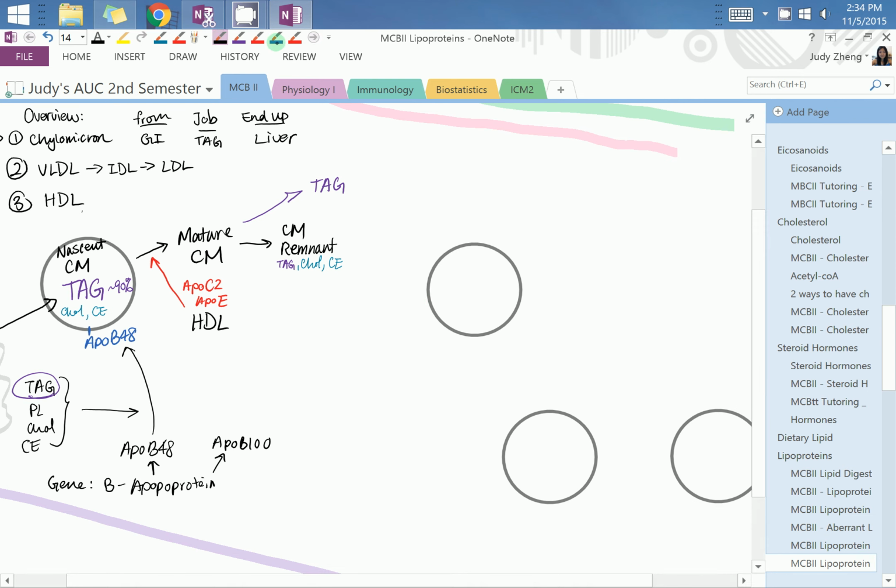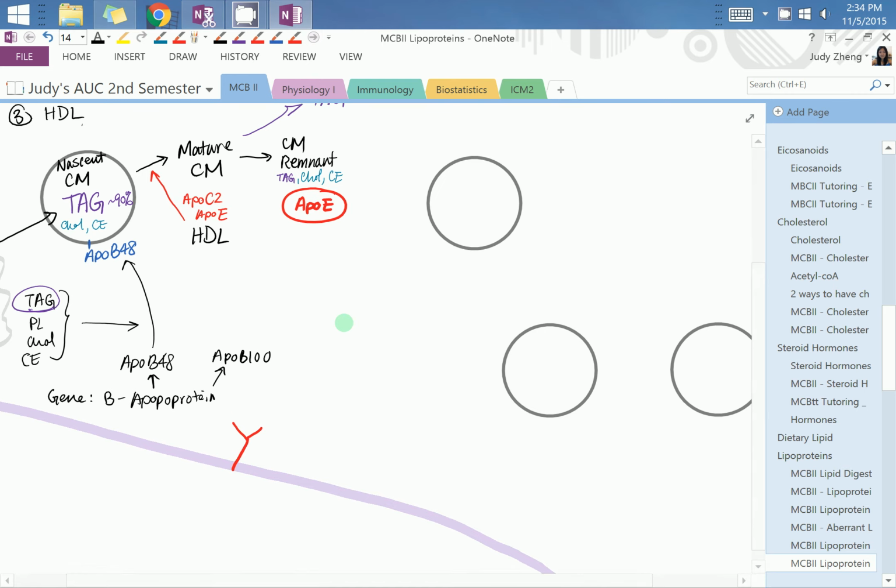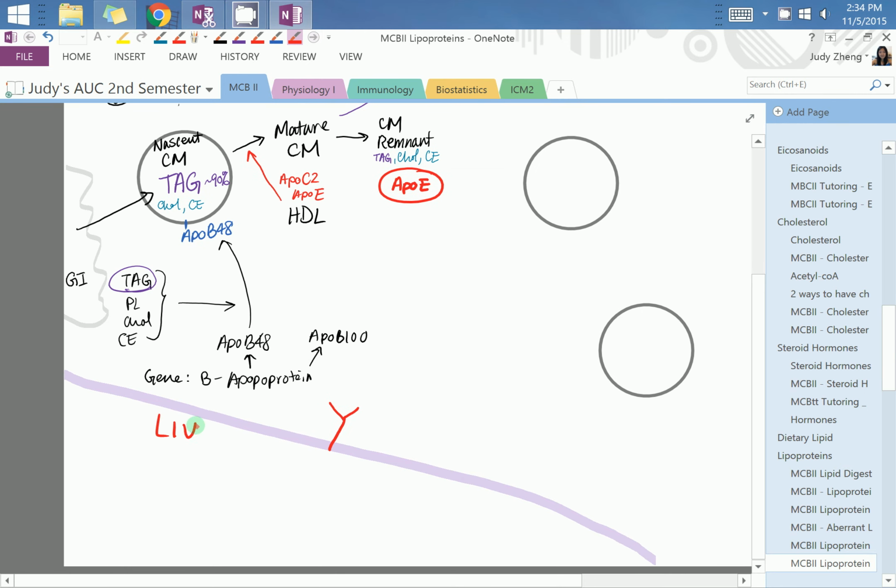And that basically is the lifespan of this chylomicron. At this point, it's going to get taken up by the liver. Recall the chylomicron has an ApoE on it, and this ApoE is what's going to help bind to this receptor on the liver. So this is the liver.